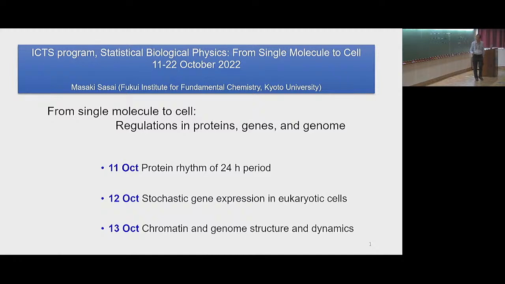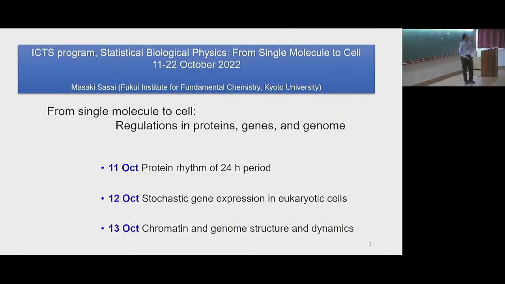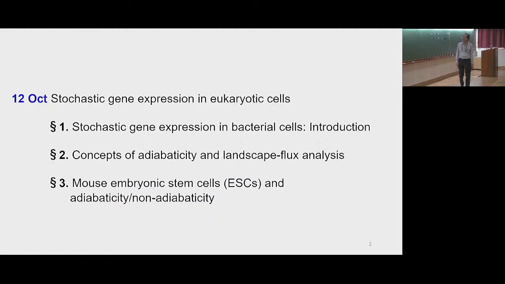So now the next topic is stochastic gene expression in eukaryotic cells. I'd like to talk about this because it has some flavor similar to what Heiko talked about this morning, the diffusion and the state change, and has great overlap with what Professor Jory talked about yesterday.